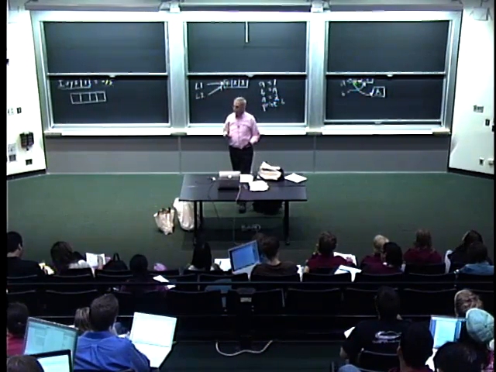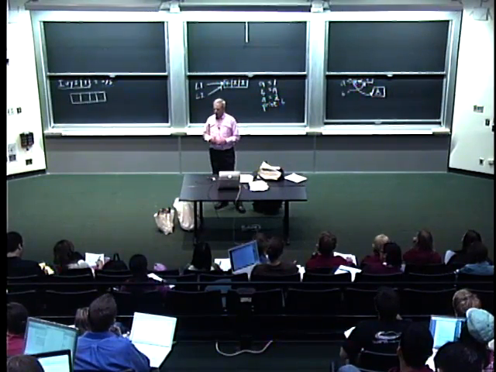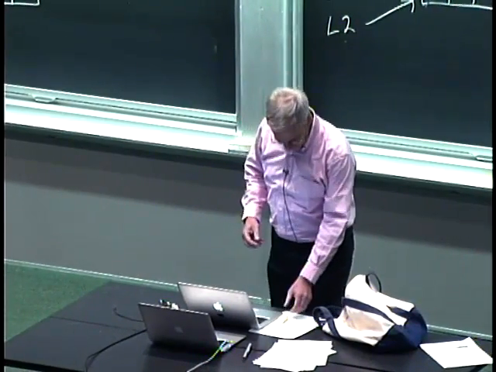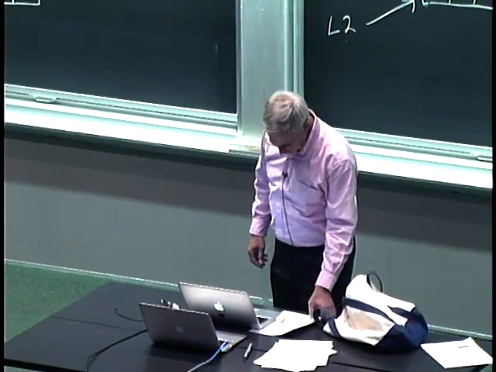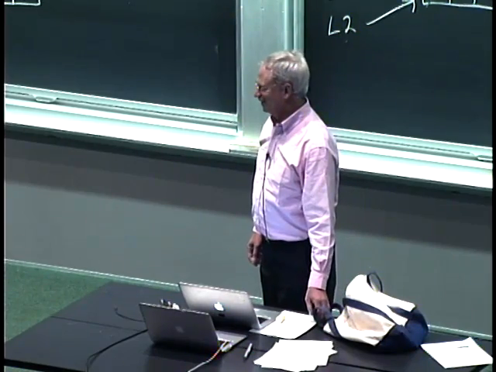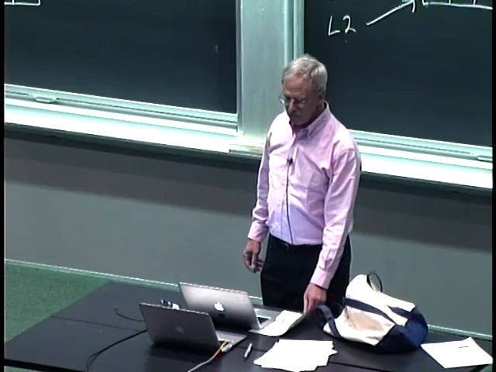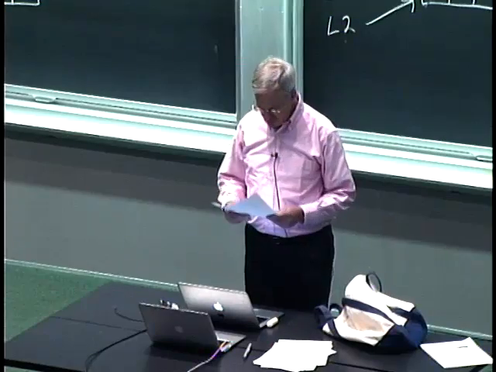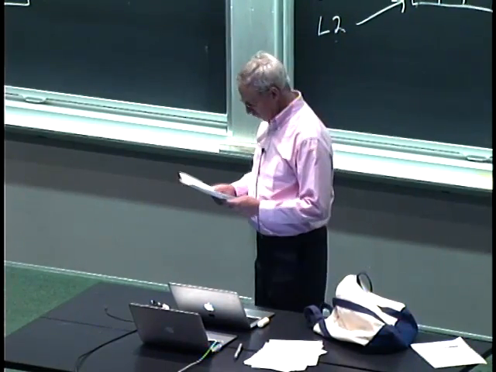So this is important. It's a little bit subtle, but if you don't really understand this deeply, you'll find yourself getting confused a lot. All right? Okay, let me move on.